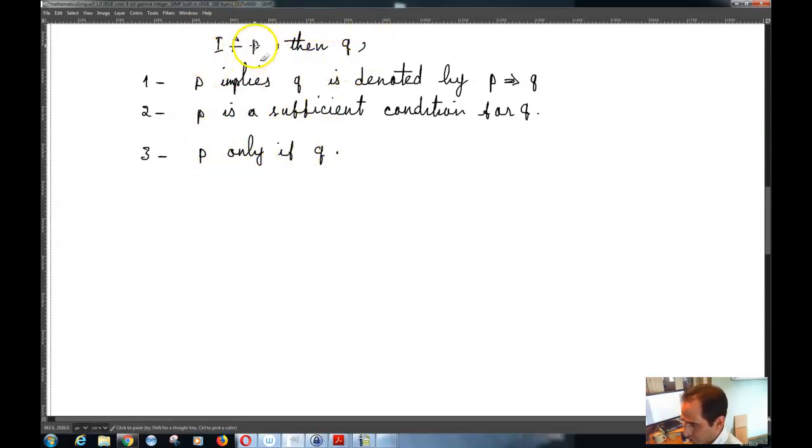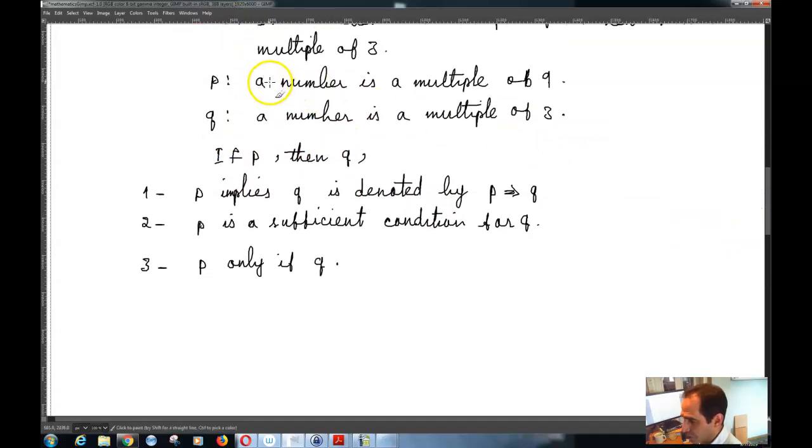So P was that the number is a multiple of 9, and Q was a number is a multiple of 3. So P only if Q says that a number is a multiple of 9 only if it's a multiple of 3. This is still easy to understand.